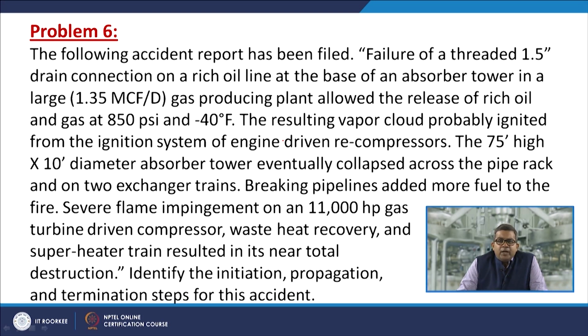The breaking pipeline added more fuel to the fire, and severe flame impingement on an 11,000 horsepower gas turbine driven compressor, waste heat recovery and a superheated train resulted in its near total destruction. Now, here you need to identify the initiation, propagation and termination steps for this particular accident.